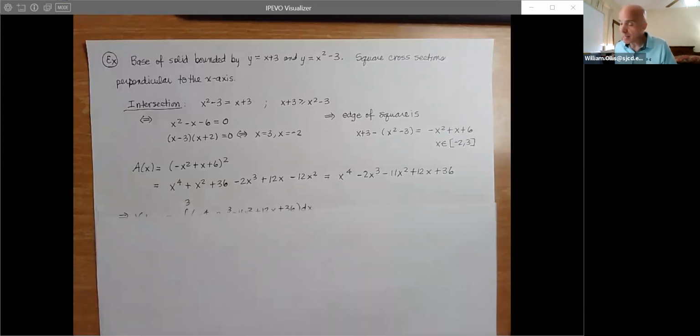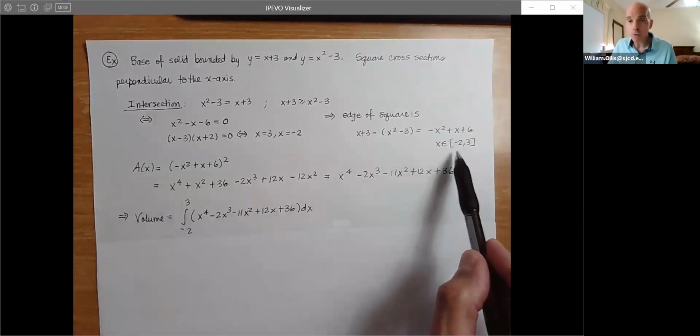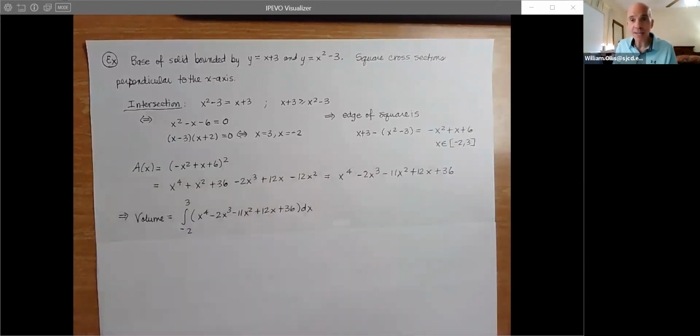And so what I did is I went ahead and set this up. So now we actually integrate the cross-sectional area from the interval of integration, which we concluded here when we found the intersection. And so we go from -2 to 3 of this, and that's just a standard integral that you can work on.